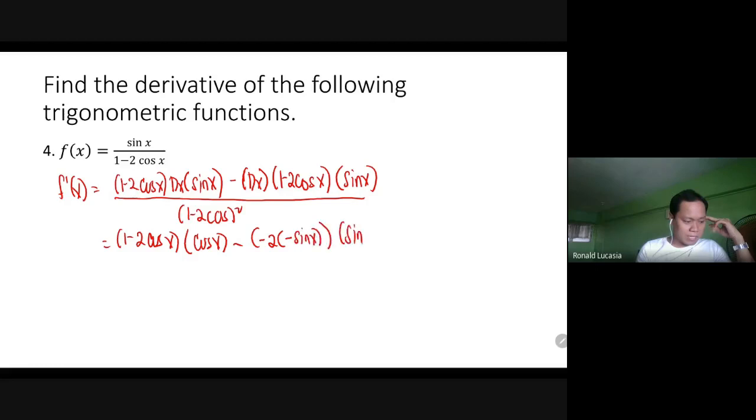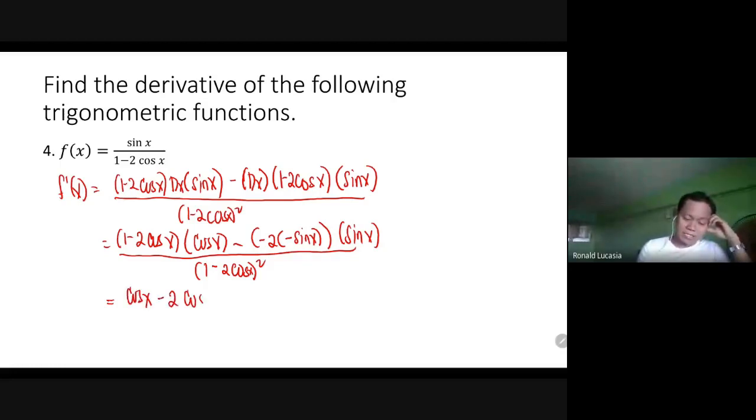And then multiplied by sine x over 1 minus 2 cosine x, nakalimutan ko yung x, cosine x squared. So let's simplify this. 1 minus 2 cosine x multiplied by cosine x, i-distribute mo lang. 1 times cosine x, that's cosine x.